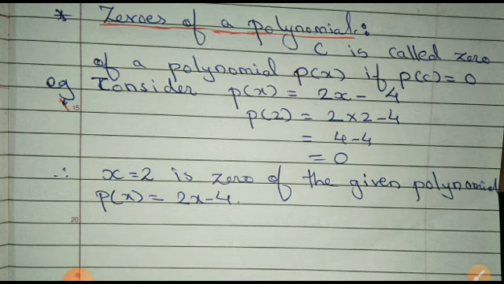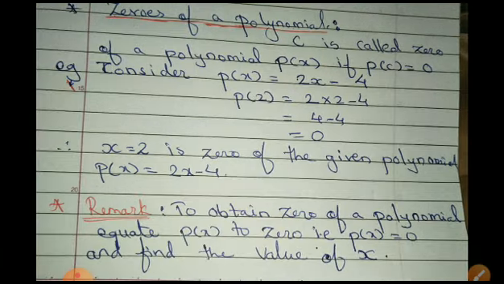So we have got p of 2 is equal to 0 and hence x equal to 2 is a zero of the given polynomial p of x. Now a polynomial will be given and you may be asked to find the zero of the given polynomial.